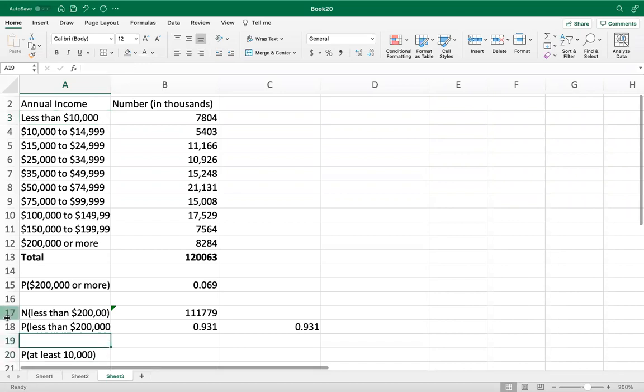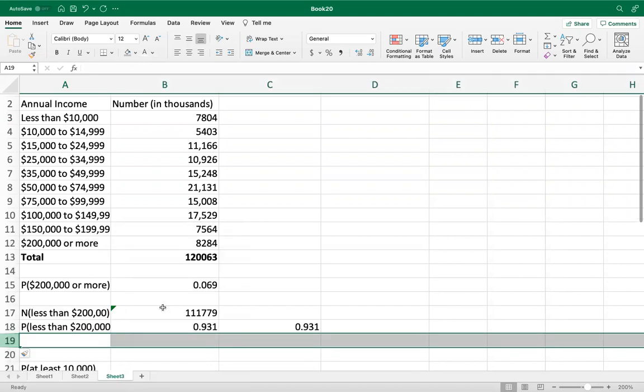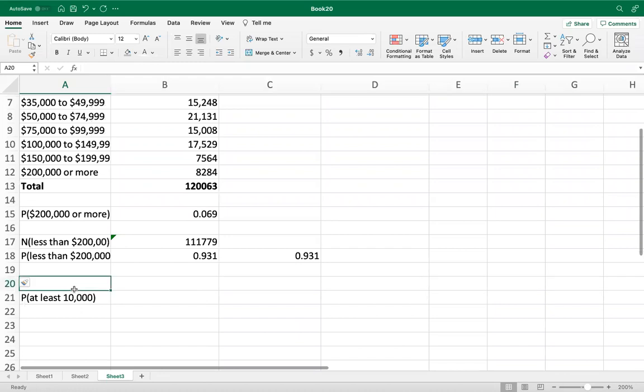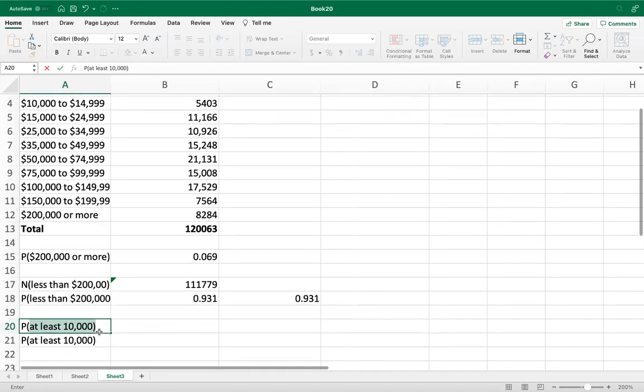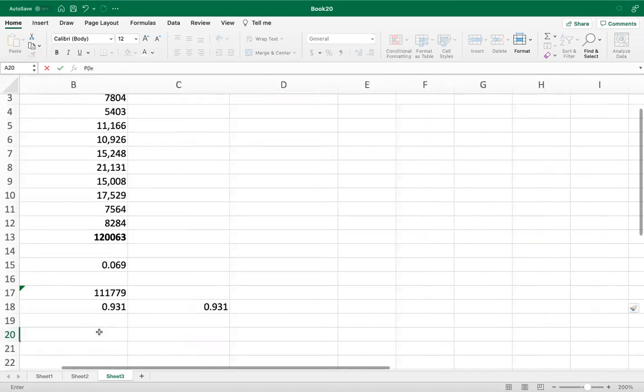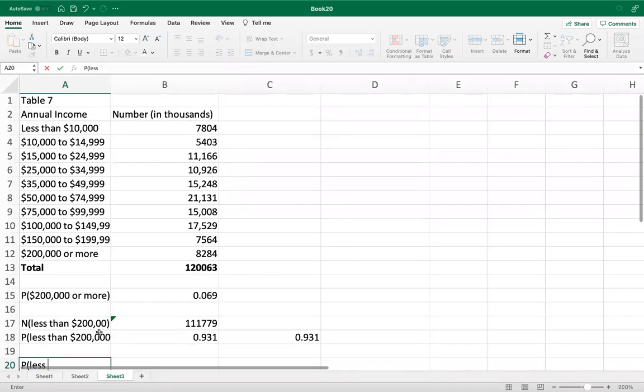So here, let's input one more space just so we could find that probability. So probability of at least 10,000. Let's first look at the probability of less than 10,000.